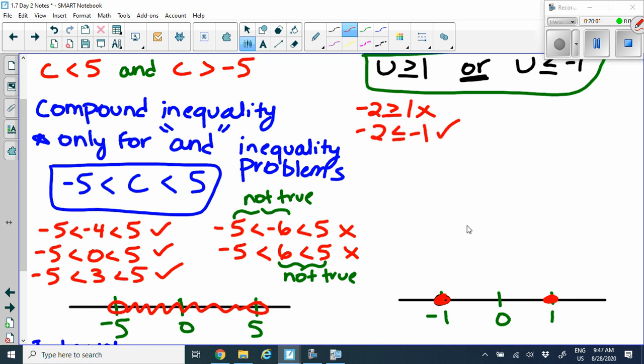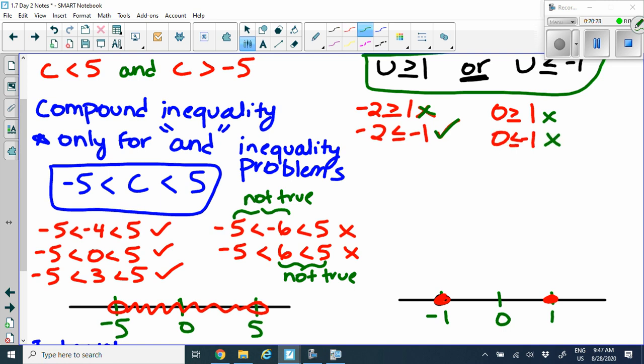Okay, so that works. Now let's try something in between, right? Let's try 0 and see if that works. Is 0 greater than or equal to 1? No. Is 0 less than or equal to negative 1?